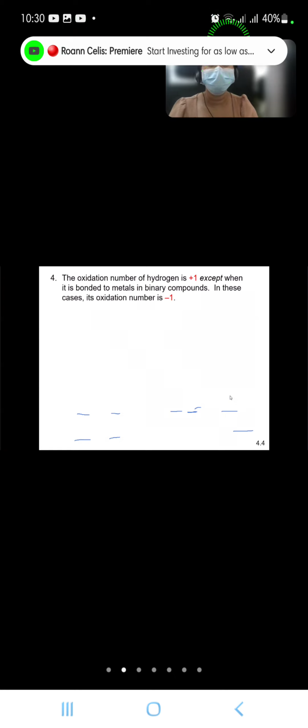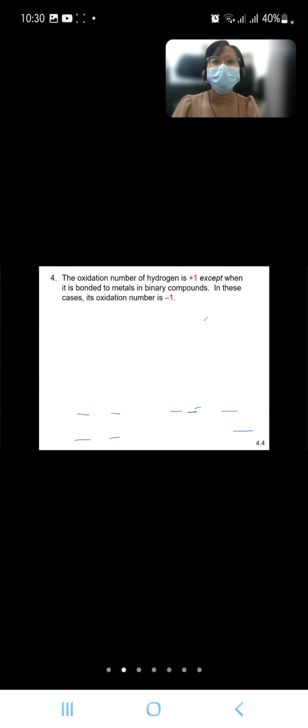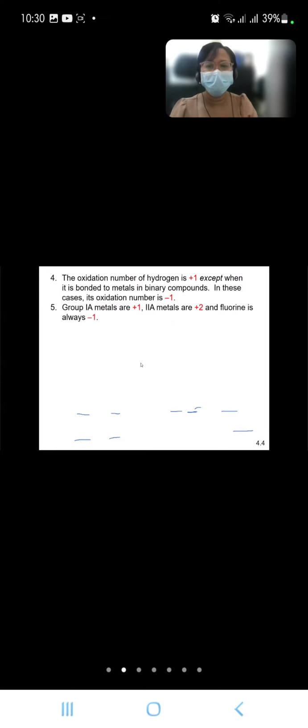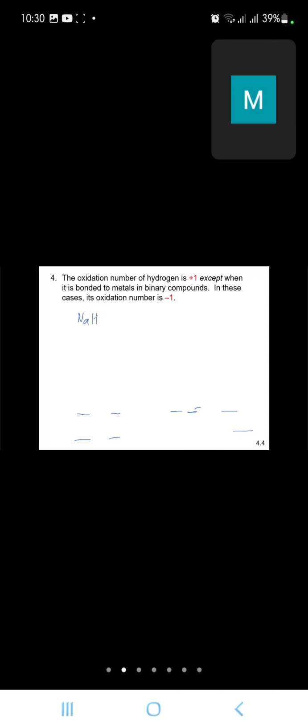Okay, number 4. The oxidation number of hydrogen is +1, except when it is bonded to metals in binary compounds. In these cases, its oxidation number is -1. So for example, sodium hydride.